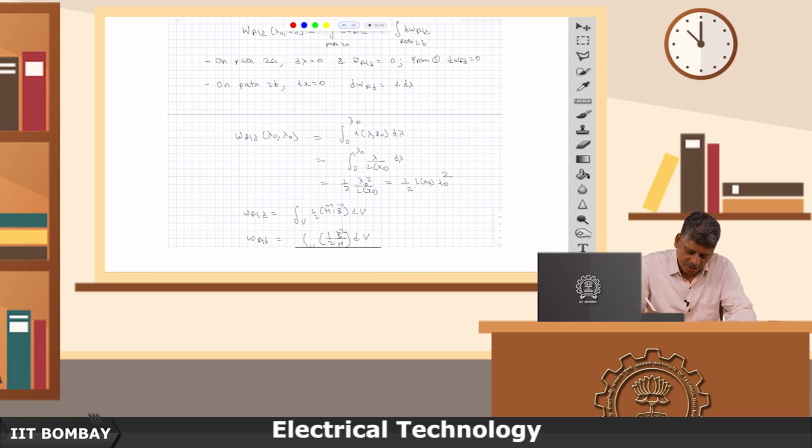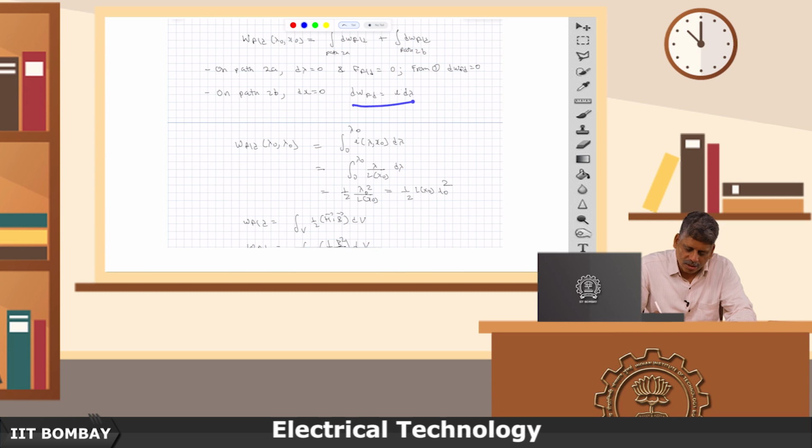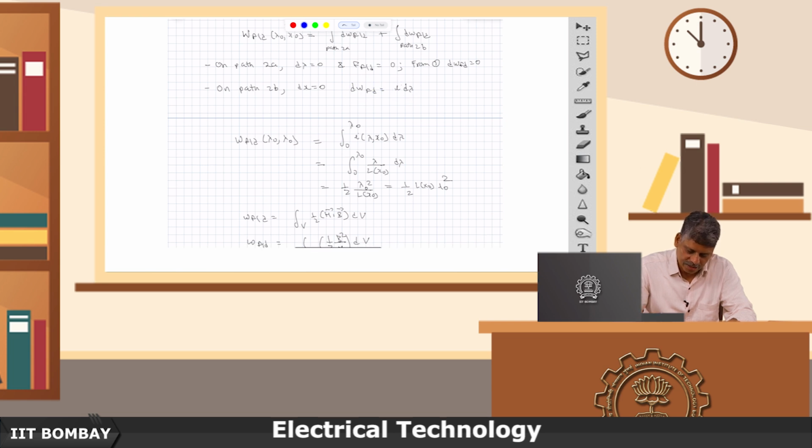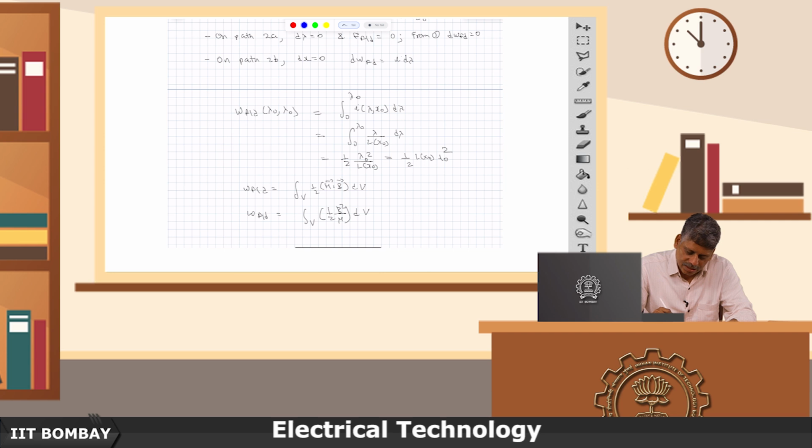The field energy which will be created, dW field, is just going to be I times d lambda, because dx is 0. No mechanical work is being done, so whatever is put in on the electric side goes into the field energy. This integral is done from lambda being raised from 0 to lambda naught, our default value.